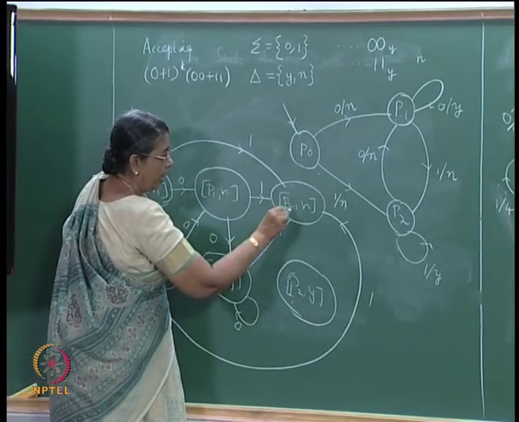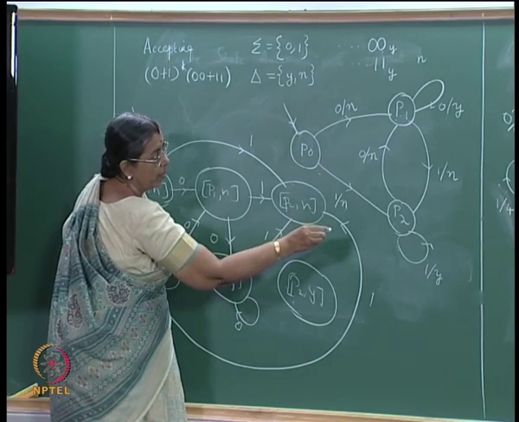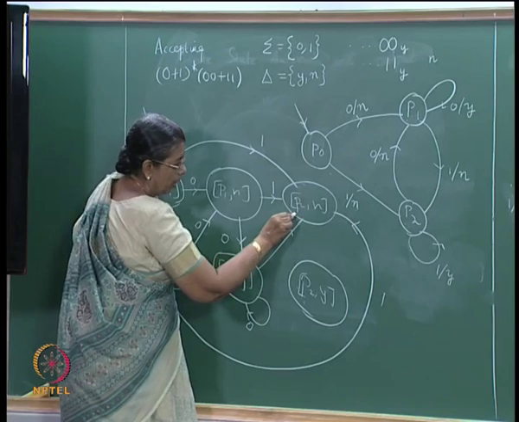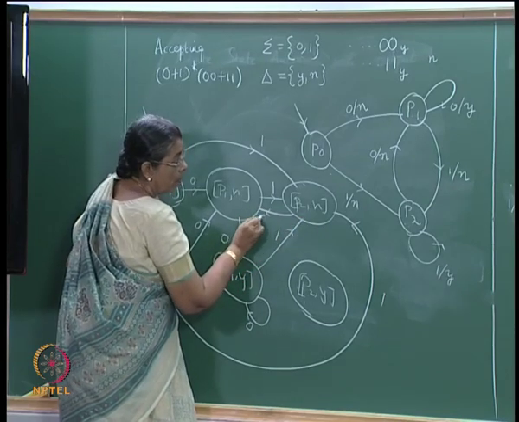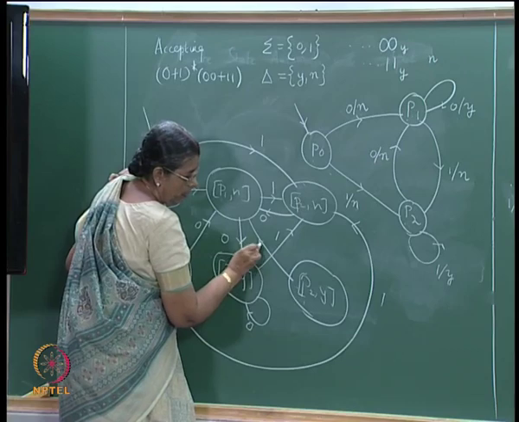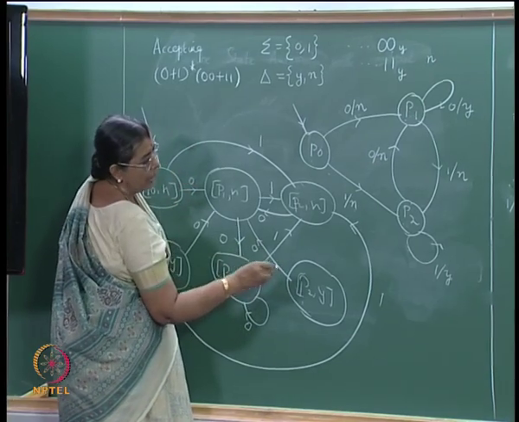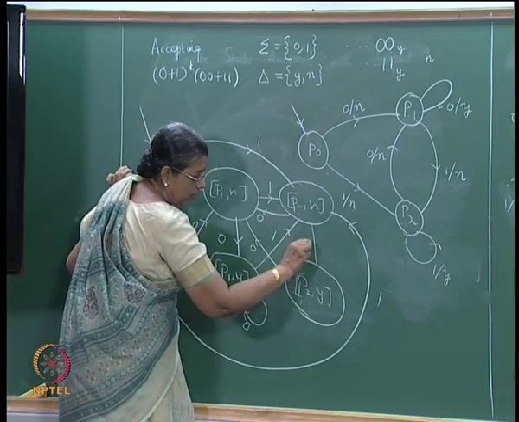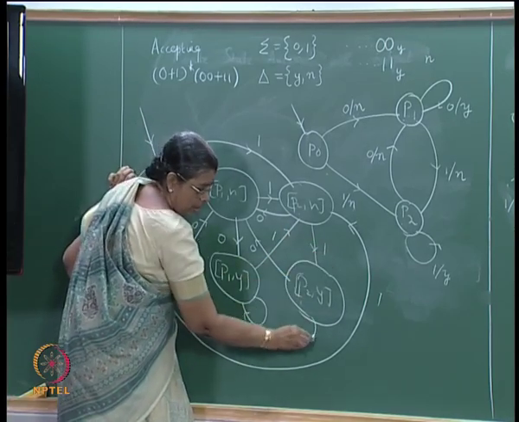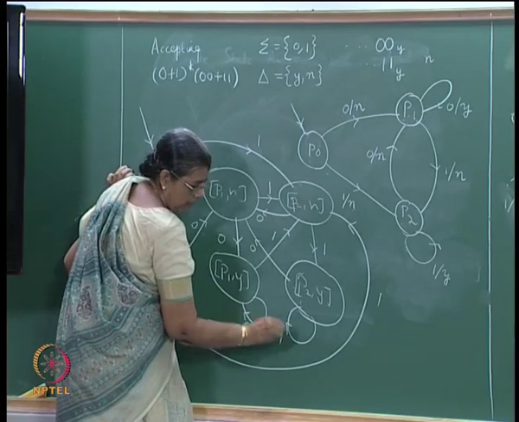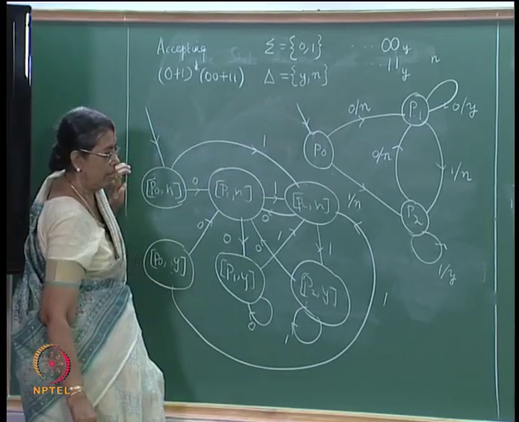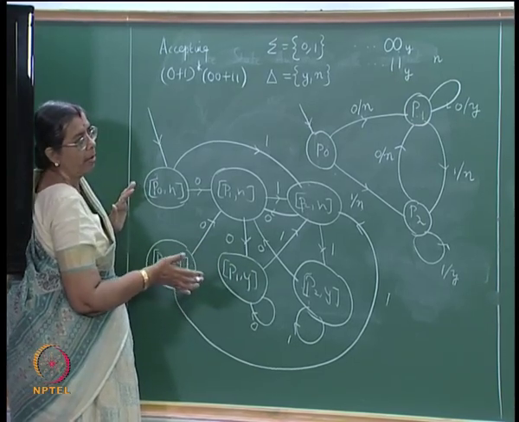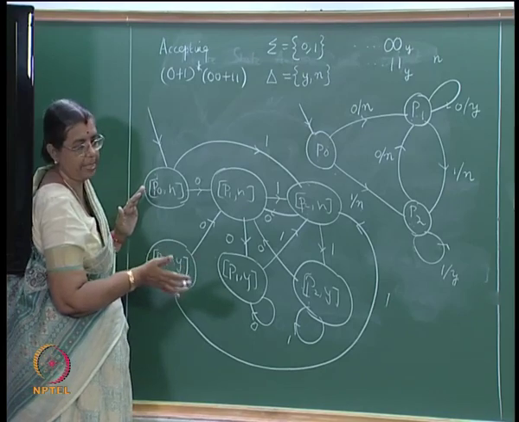From P2, when you get a 0, you go to P1 and no. From P2, when you get a 1, you go to P2 and yes. So, this will be the corresponding state diagram of the Mealy machine.